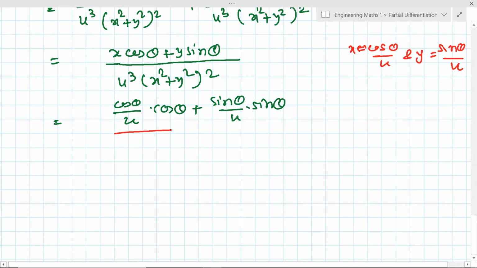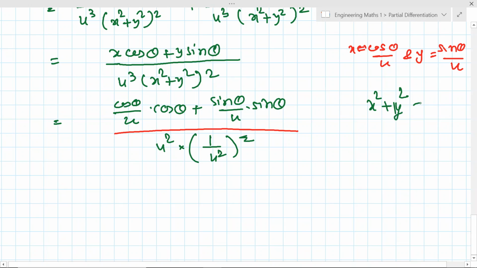Okay, and what is in the denominator? In the denominator there is u cube as it is into 1 upon u square bracket square. Okay, because x square plus y square is nothing but 1 upon u square, that value I have replaced. This is u cube, and now what is there in the numerator? It is cos theta into cos theta is cos square theta.